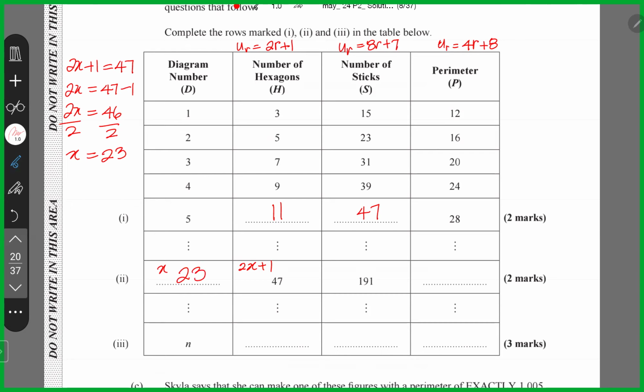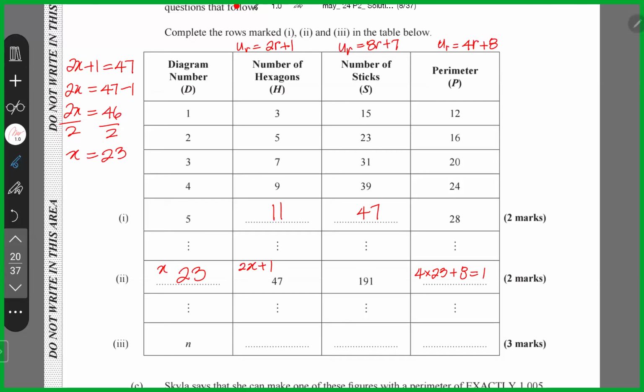If the number there is 23, the number over here would be 4 times 23. Oh, sorry, 4 times 23 plus 8. And so the number here would be 100.